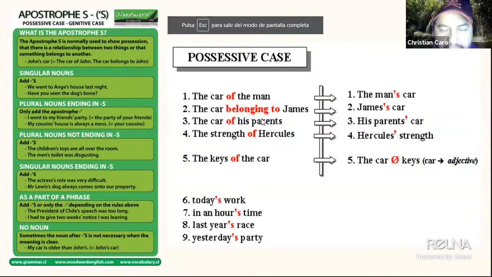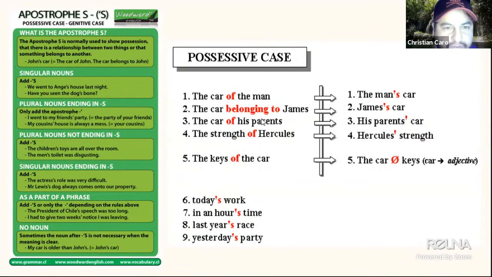You know, the possessive case in this case is the Anglo-Saxon genitive que le llaman. No existe en español, ni en portugués, ni en italiano. So it's pretty much like, as I told you, an Anglo-Saxon thing. And for example, we say the car of the man, and then we switch it or change it into the man's car, right?